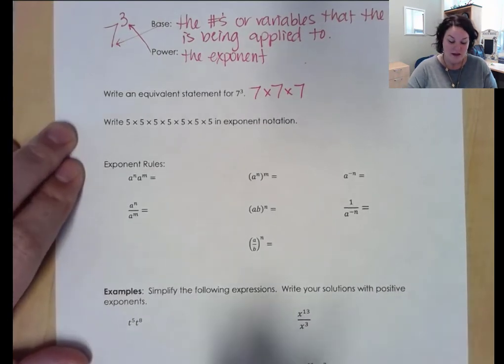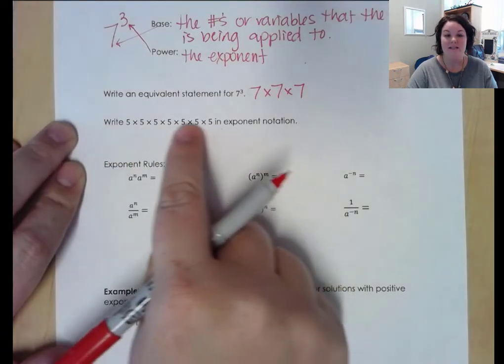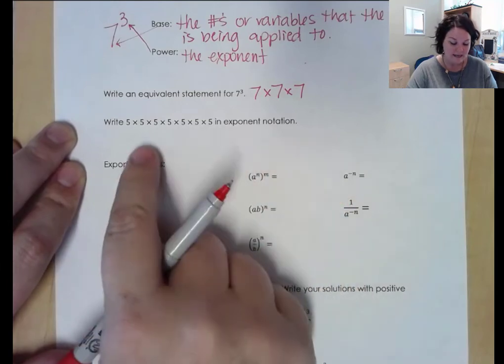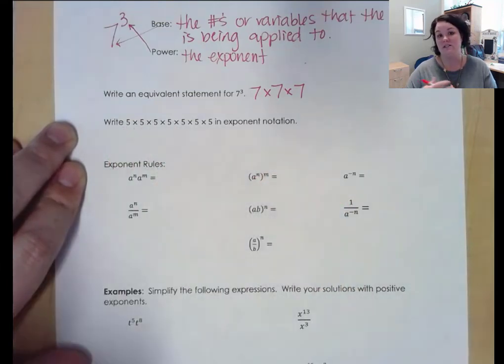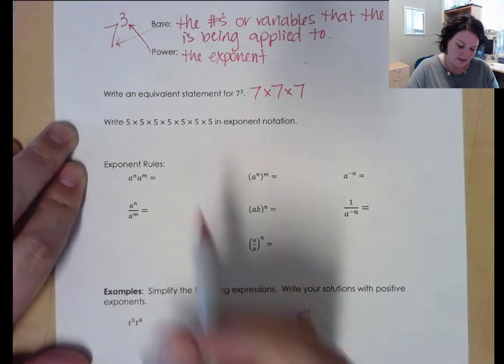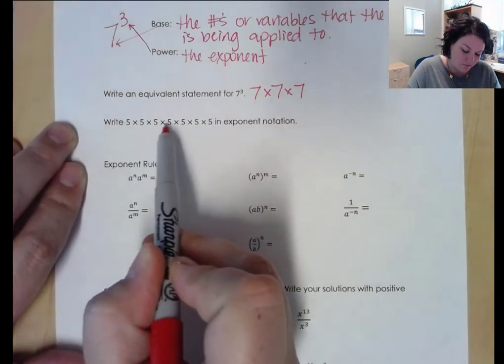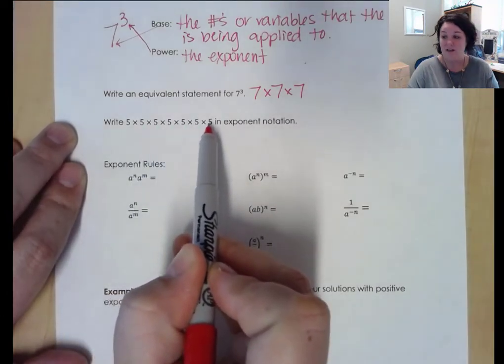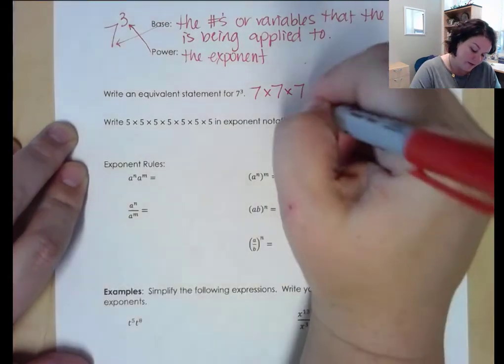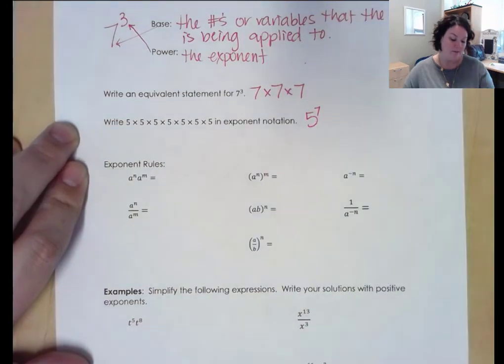Okay, so if I have something that's written out in standard form and I want to put it in exponential notation, that means I need to count up how many repeated multiplications I have of this base 5. So I have 1, 2, 3, 4, 5, 6, 7 copies. So I could write this as 5 to the 7th power.